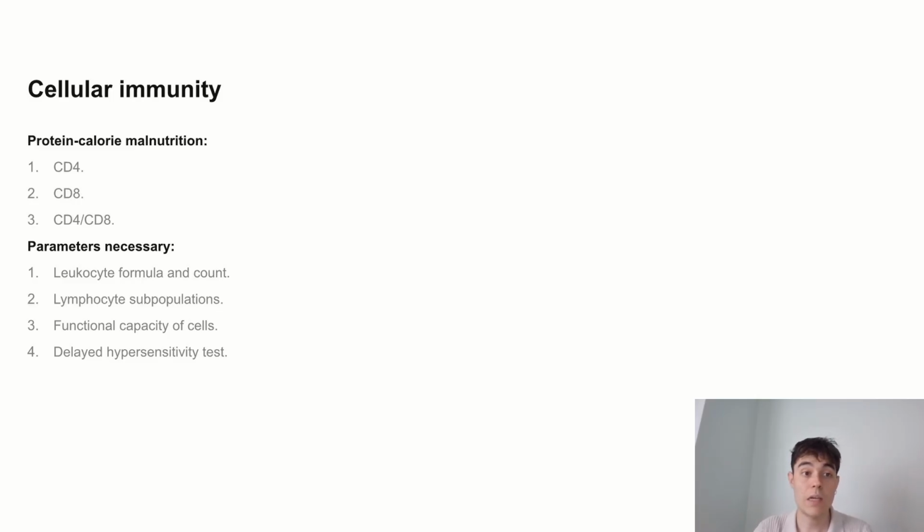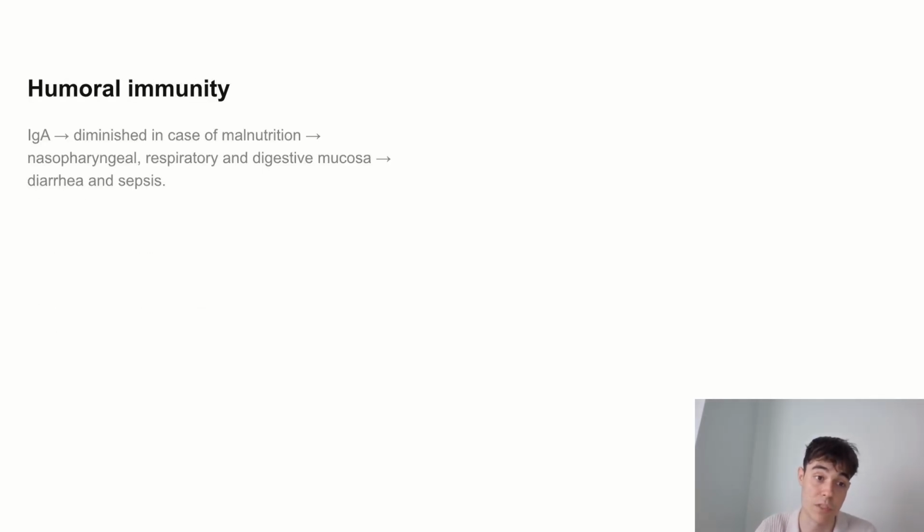Then talking about humoral immunity, we can find that malnutrition affects humoral immunity too, but less than the cellular immunity. Okay, we need to know also that immunoglobulin A is greatly diminished in the case of malnutrition. Okay, at the level of the nasopharyngeal, respiratory, and the digestive mucosa.